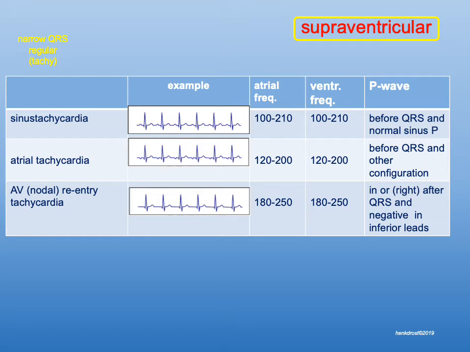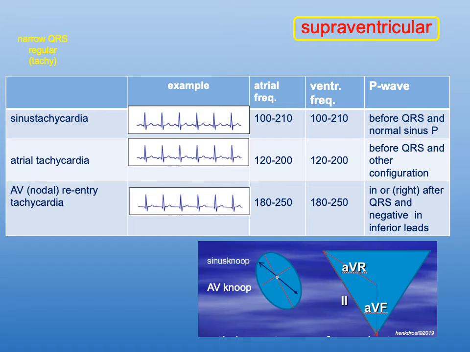Thirdly, in regular narrow QRS tachycardia is the AV re-entry tachycardia and the AV nodal re-entry tachycardia. The frequency is mostly fast, from about 180 till 250 beats per minute, and the P wave is in or right after the QRS, because the depolarization of the atrium and the ventricle will be simultaneous, and the P wave is negative in the inferior leads because of the direction of the depolarization of the atrium.